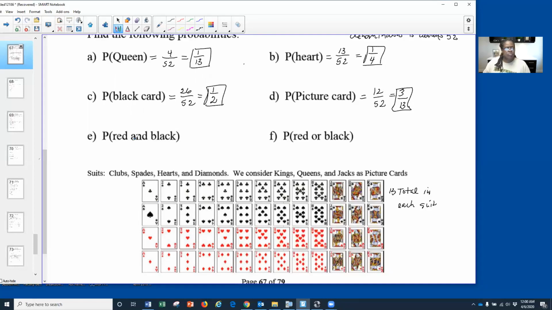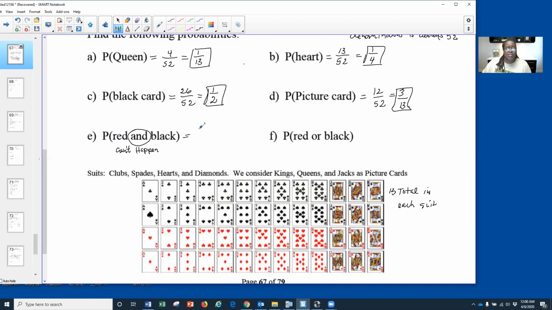Then we have E. E says the probability of a red card and a black card. This word "and" here, you've seen before. With "and," we're talking about where they share, like it could be both. So we look at our deck of cards. Do we have a card that can be a black card and a red card at the same time? No. This can't happen. There's no card that can be both a red and a black at the same time.